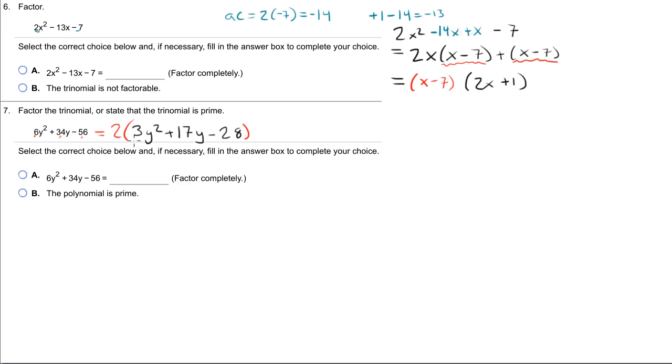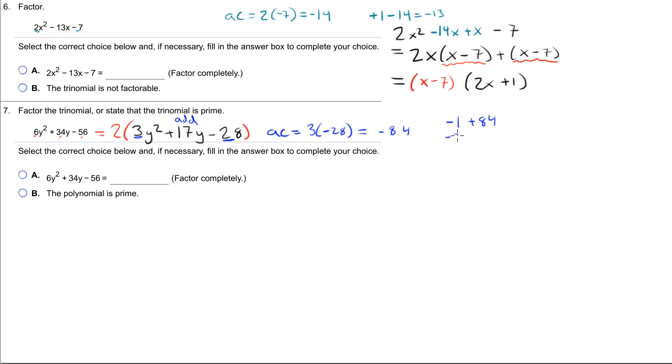Now we're going to take 3 and 28 and do the AC method with them. 3 times negative 28 is negative 84, and we need them to add up to 17, right? That could be something like negative 1 plus 84.